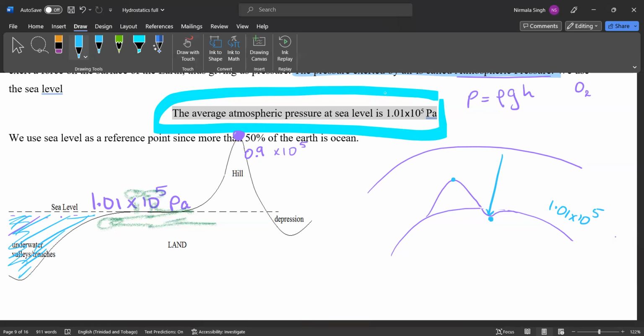And let's go even further than that. Say now I have a deep trench under the sea. This is our sea. If we were to go deep underwater, not even too deep, we have two things acting on us. We have the pressure due to air, and then we have the pressure due to water. And water is 1,000 times heavier than air.